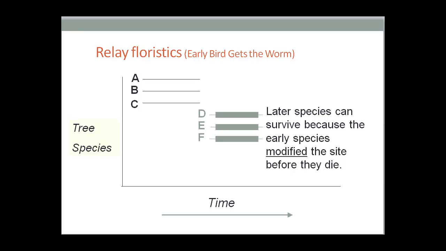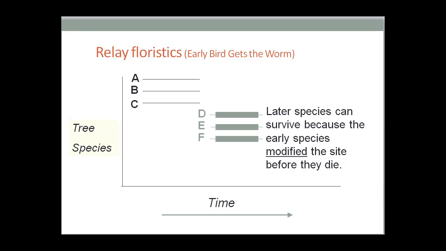These later species can survive because the early species modified the site, and that's a key element. Two key elements here. One, the initial species modify the site. Second key element, maybe there's more than two. The second key element is that they exclude other species by their presence. The third key element is that their presence modifies the site to allow for the arrival and success of subsequent species.